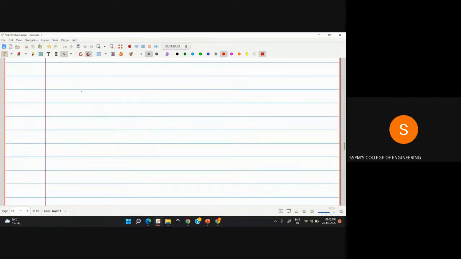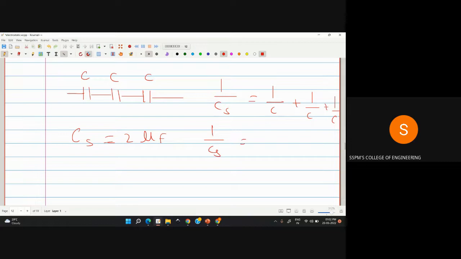Now in the first case, what is given: the 3 identical capacitors are connected in series and the equivalent capacitance in series is 2 microfarad. So we have to calculate C. You know 1/CS is equal to 1/C plus 1/C plus 1/C. So what is 1/CS? 1/CS is 3 divided by C. So what is C?